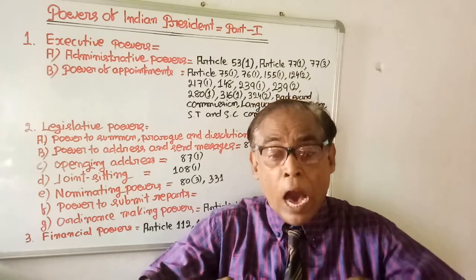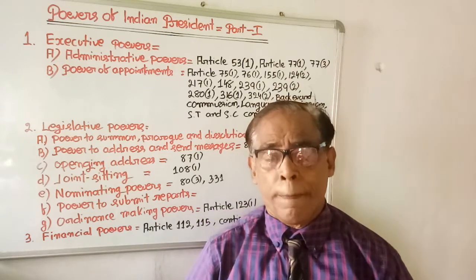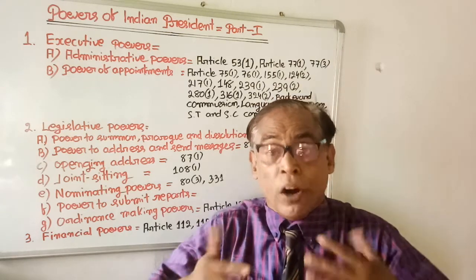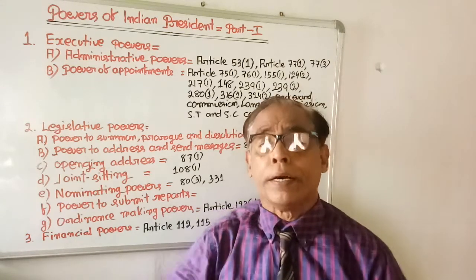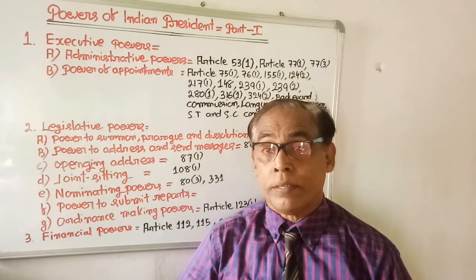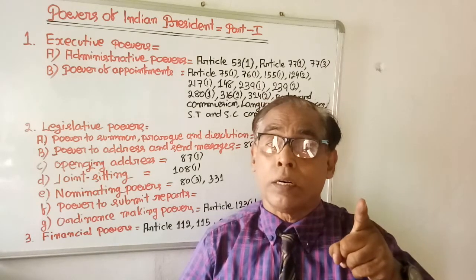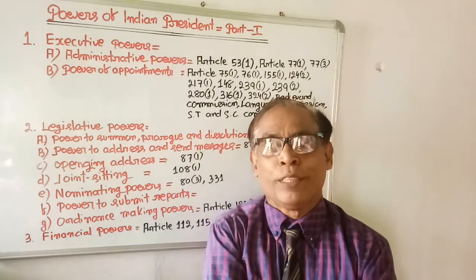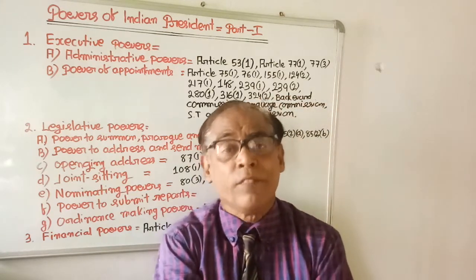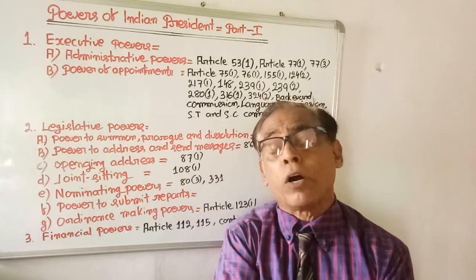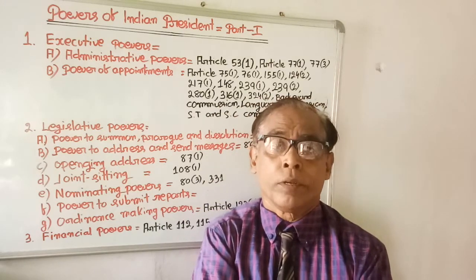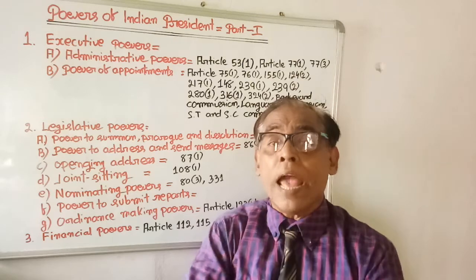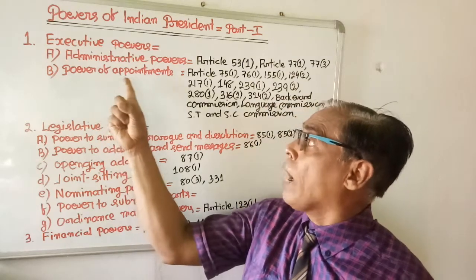It means how the government of India will function in a smooth manner. It is the function of the President to see. So this is the administrative part of the Indian President. Number 2, the second executive power is the power of appointments.